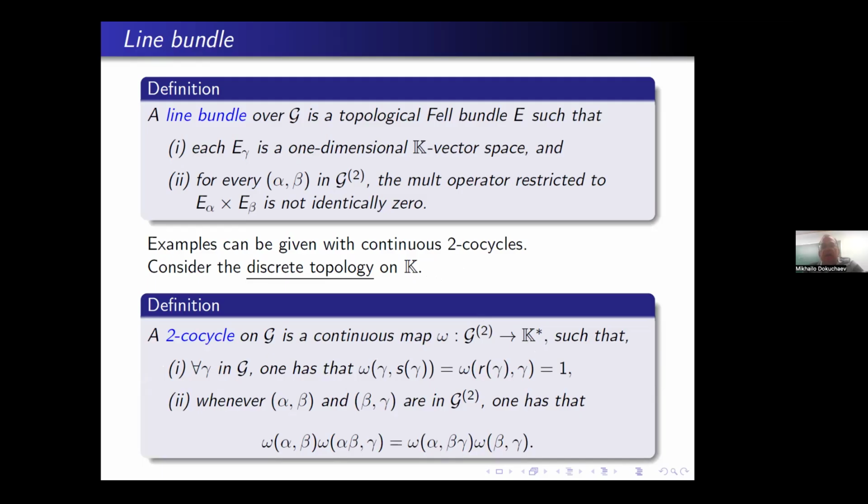It's a continuous map such that it is normalized in this sense, so the value of the cocycle on gamma and source gamma should be 1, and also on range gamma, comma gamma should also be 1. And also it has to satisfy the usual cocycle identity written down multiplicatively, of course, assuming the pairs alpha, beta and beta, gamma are composable.